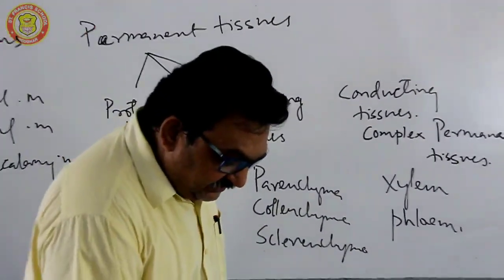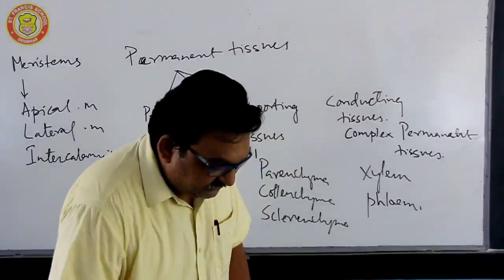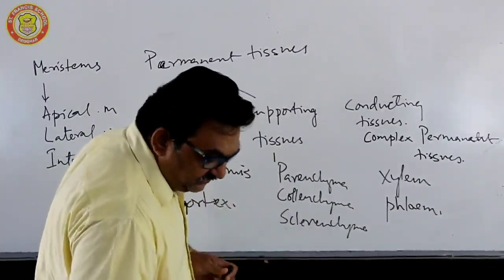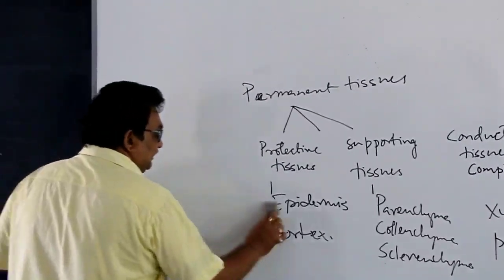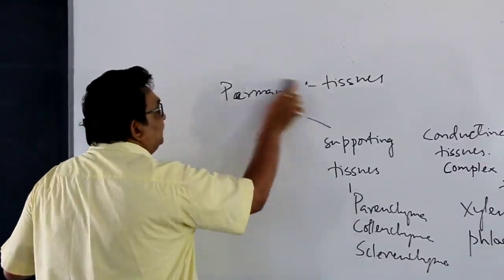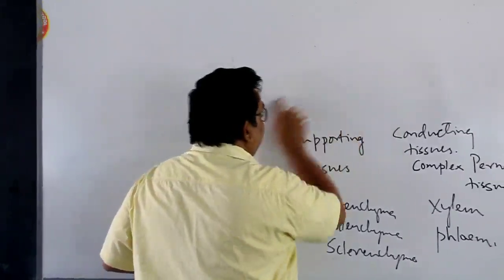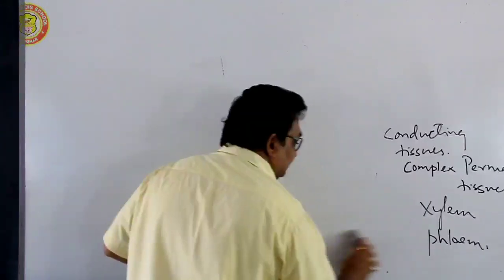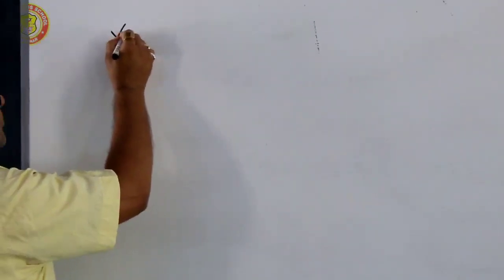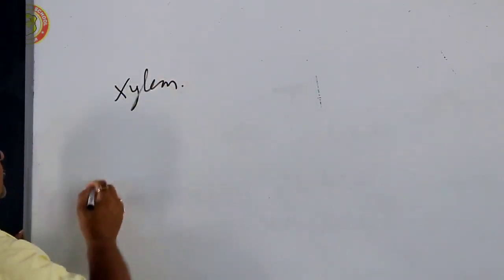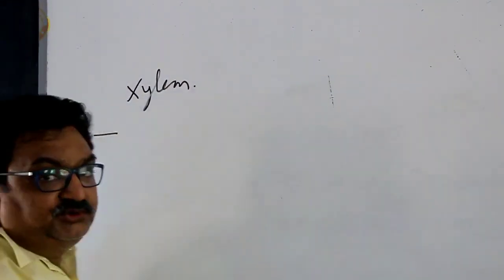Now we will be studying the main functions of conducting tissues, the different cells it comprises of. Xylem is composed of four different types of cells.